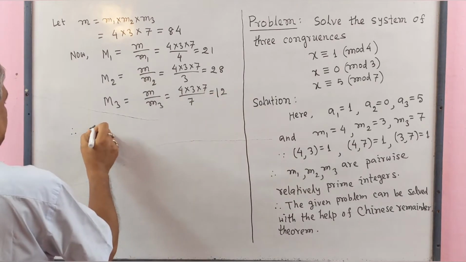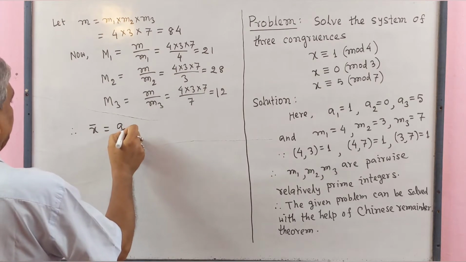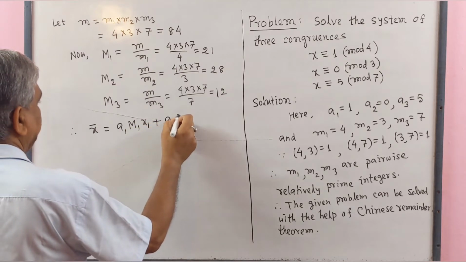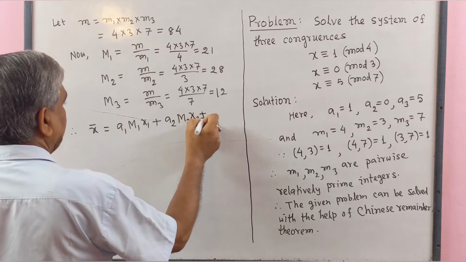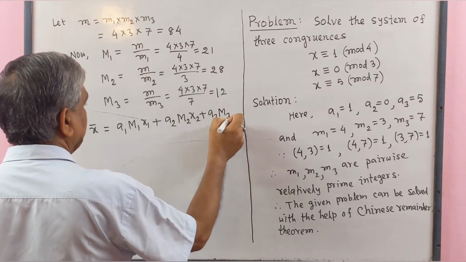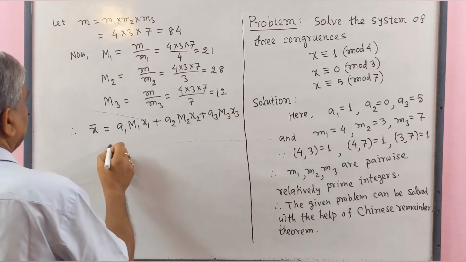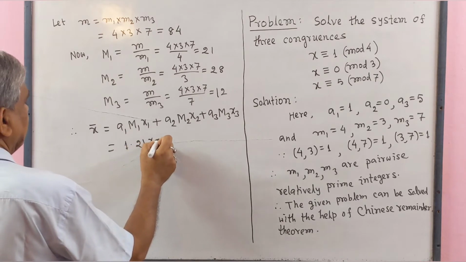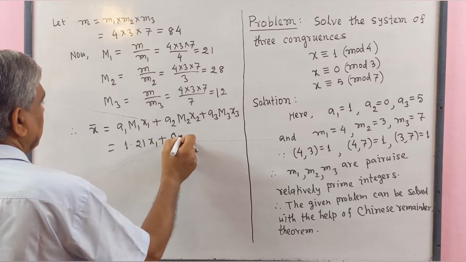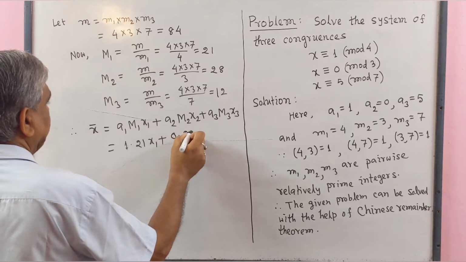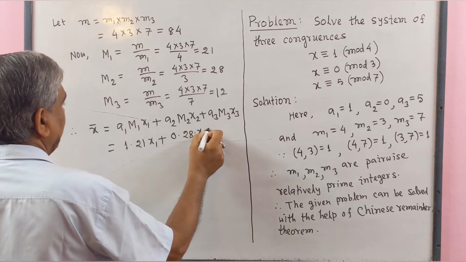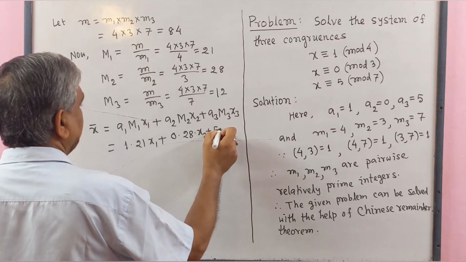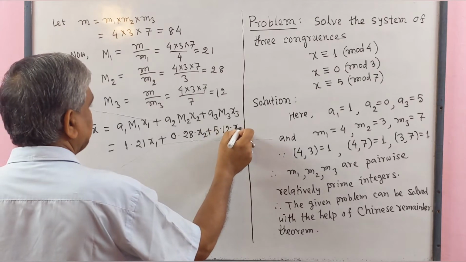Therefore, x bar equal to a1 capital M1 x1 plus a2 capital M2 x2 plus a3 capital M3 x3. a1 is 1, capital M1 is 21, x1, plus a2 is 0, capital M2 is 28, x2, plus a3 is 5, capital M3 is 12, multiply x3.